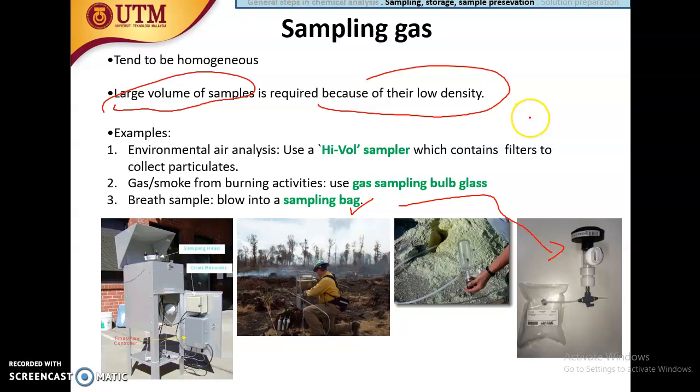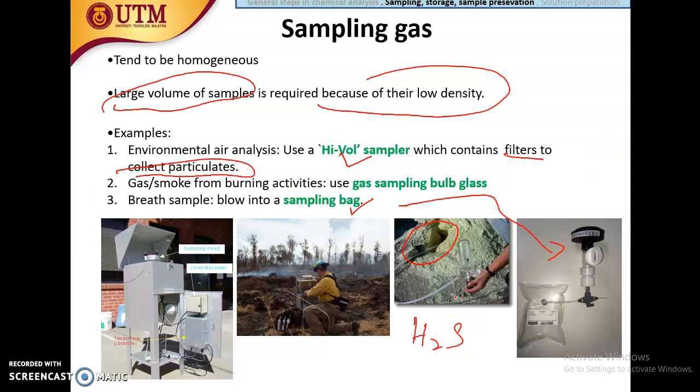If you are working in environmental air analysis, you have the high volume sampler, which contains a filter to collect particulates. Other than particulates, you are also collecting gas. You can also use a gas sampling bulb glass, just like this one. This one is a gas sampling bulb glass used in taking H2S gas, which is a very pungent gas, to analyze it.